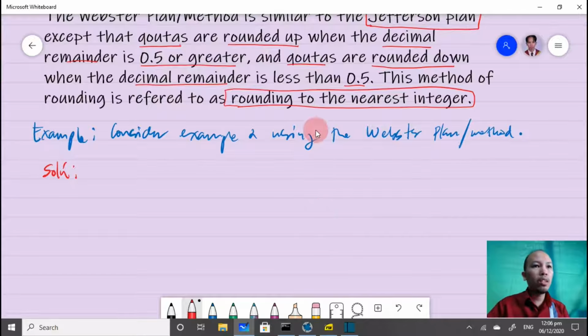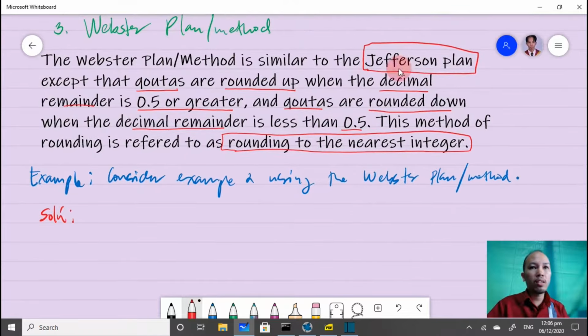When you say that the Webster plan is the same as the Jefferson plan, then we know that in the Jefferson plan we have to get the modified standard divisor first. So in here we are going to get first the modified standard divisor, MSD.